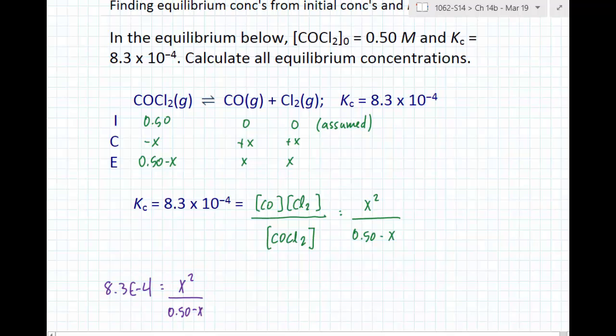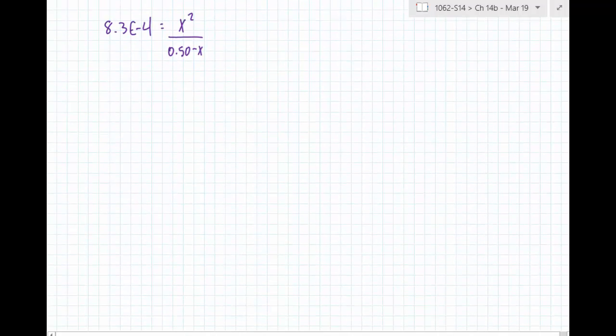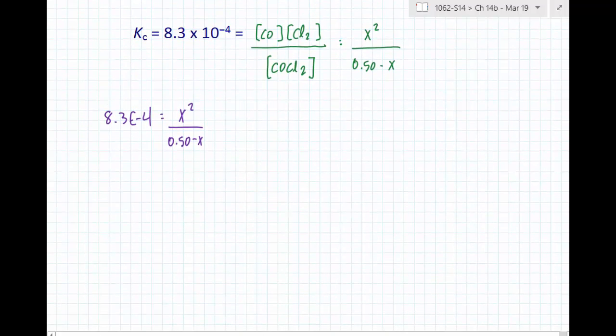So no quantity squared at the bottom, so now we have to start by multiplying by the denominator. Everybody get this far, by the way? Everybody good with that? Okay, should have been able to do that. So 8.3 times 10 to the minus 4, quantity 0.50 minus x, equals x squared.